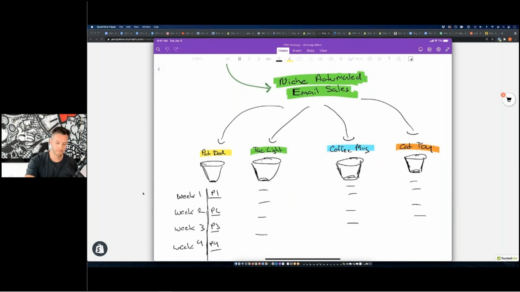But if somebody buys a pet product, like a pet bed or a dog product or a tactical product or a coffee product or a cat toy, right? What's going to happen is they're going to go into a bucket. It's better known for email marketers as a segment of your list.